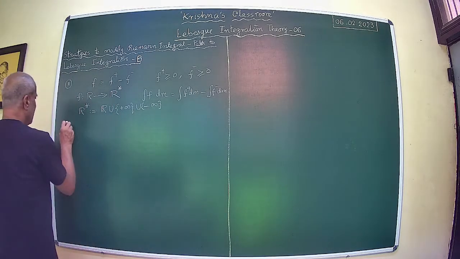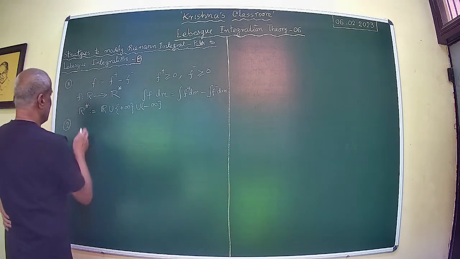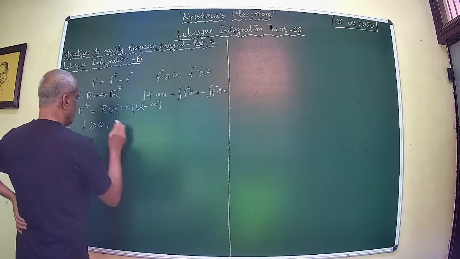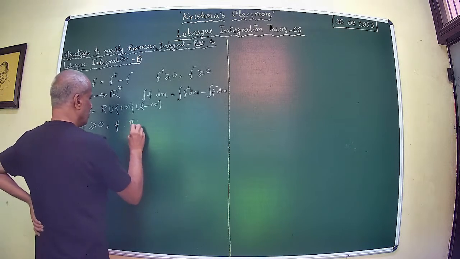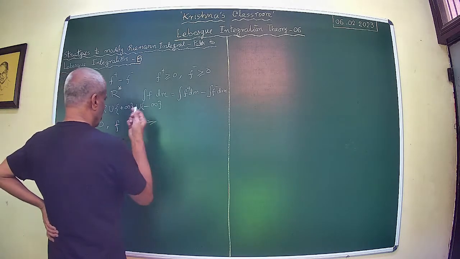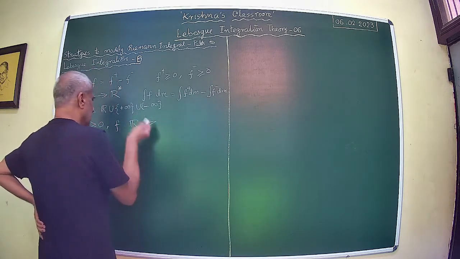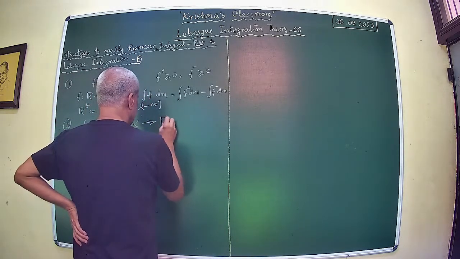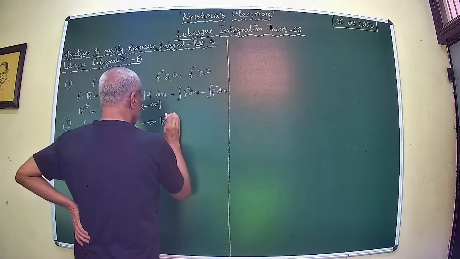Therefore, in the second stage, we assume that f is non-negative, f is from some domain, some subset of R, to R star.